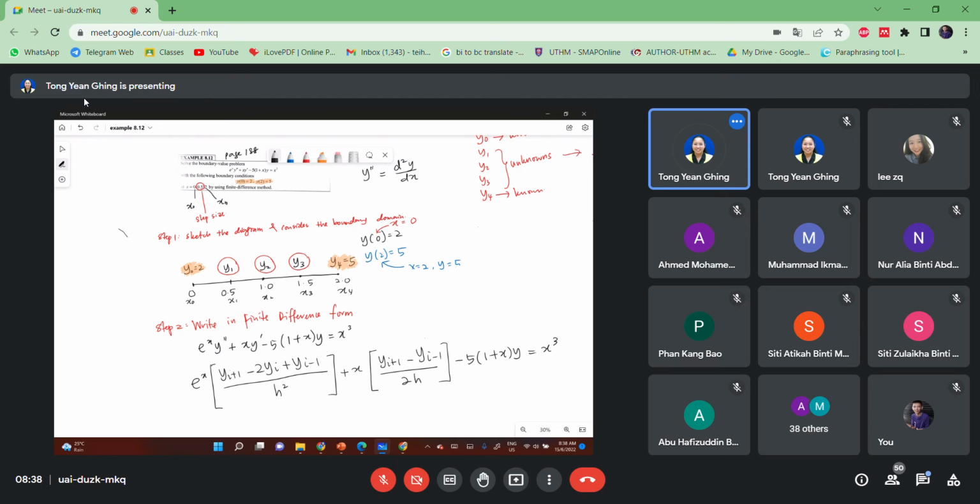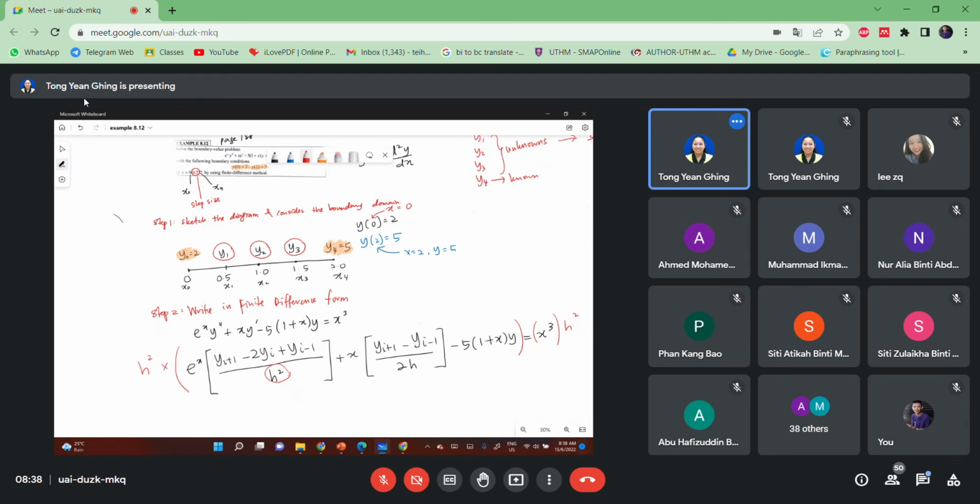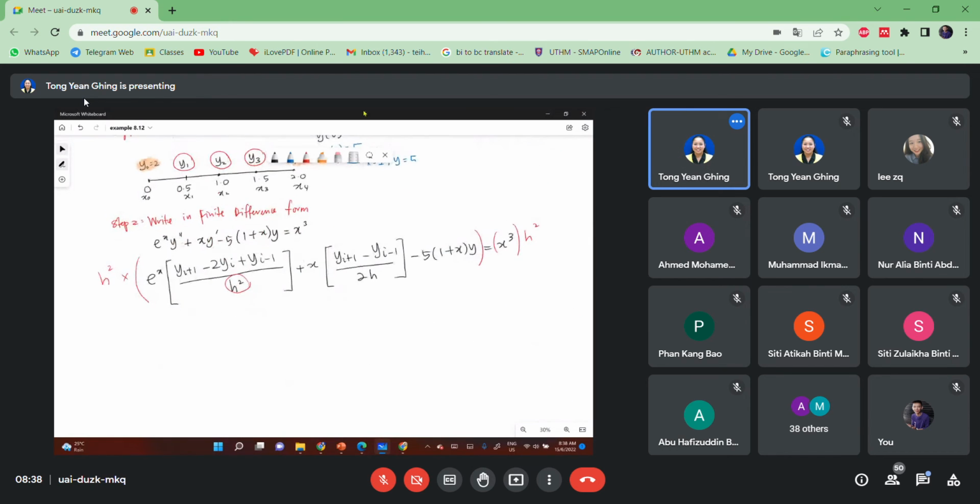Now here we have h to the power of 2. I want to eliminate this one so it becomes easier. So the whole thing here, I will times with h squared, and here I also have to times with h squared. Now I just want to simplify.